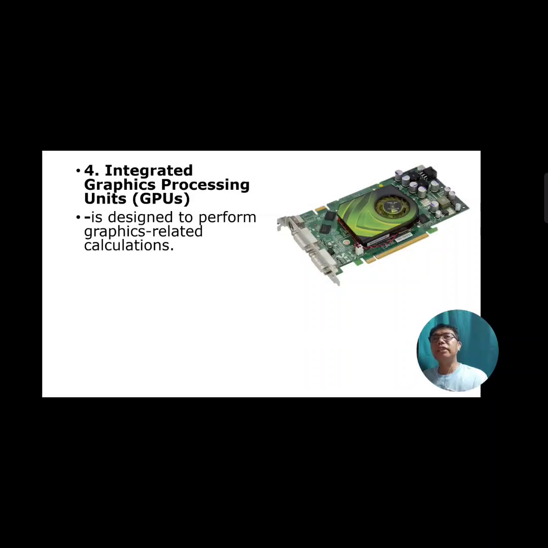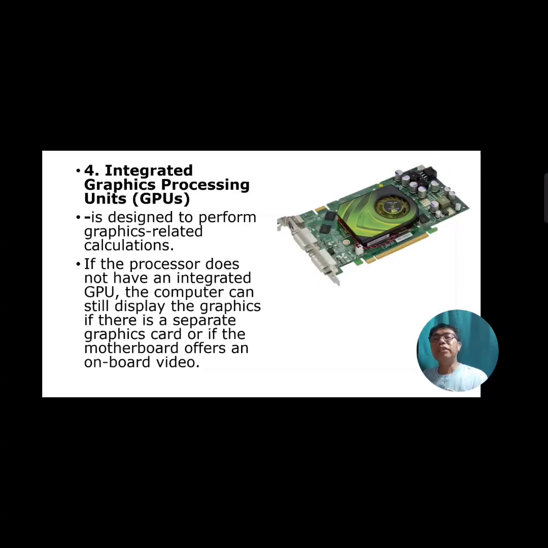So more or less, the GPU is used for enhancing videos, especially when you do gaming, or to enhance the features and the visuals of the games. If the processor does not have an integrated GPU, the computer can still display graphics if there is a separate graphics card, or if the motherboard offers onboard video.